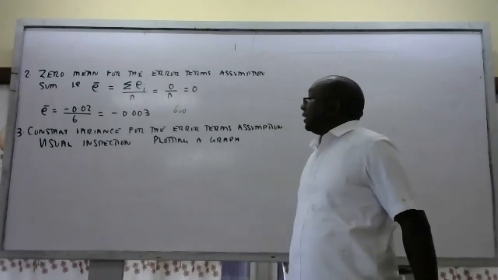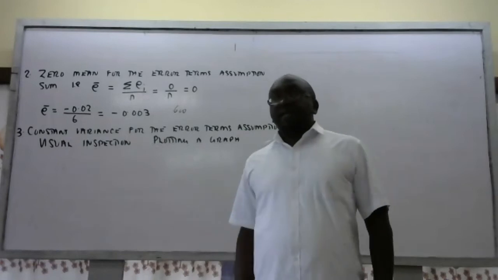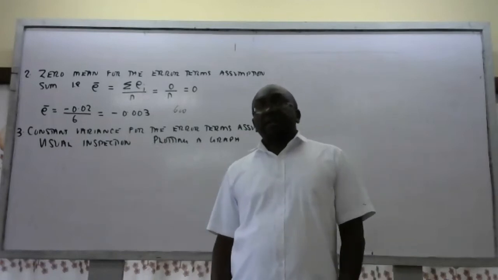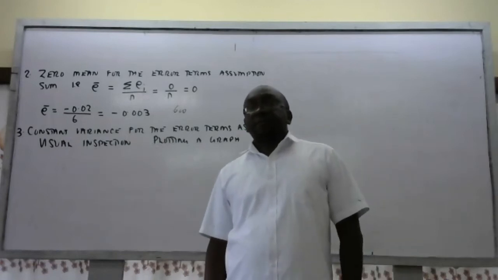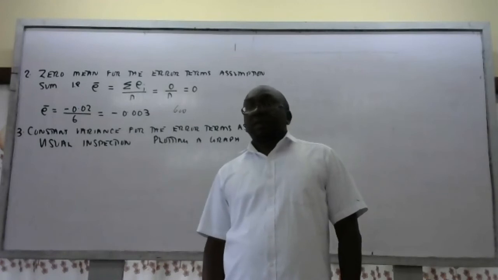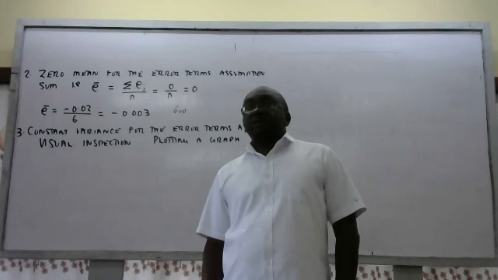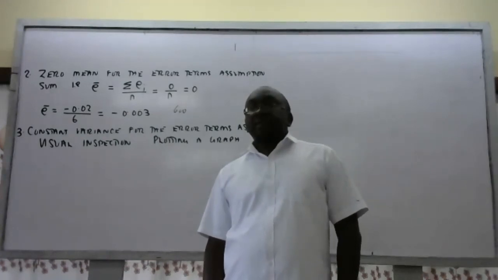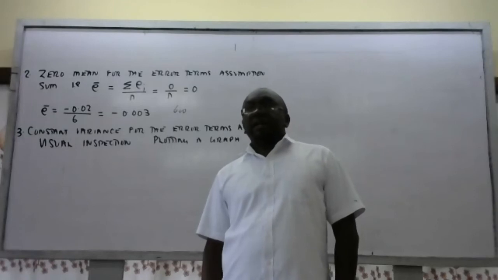Yeah, so let us go to the column of the errors. If you look at those values, and you look at the values of x, can you say they are depending?